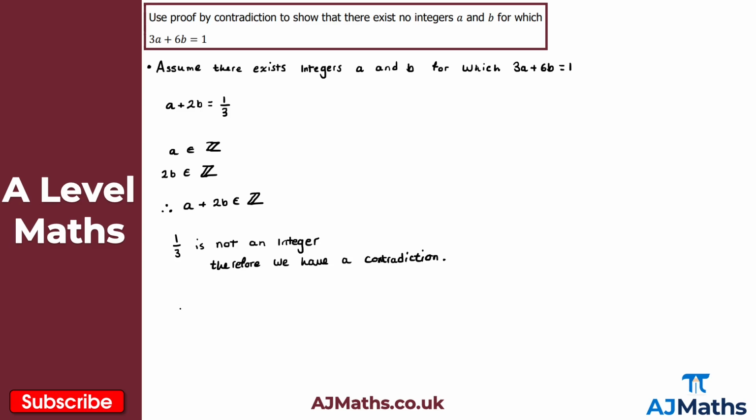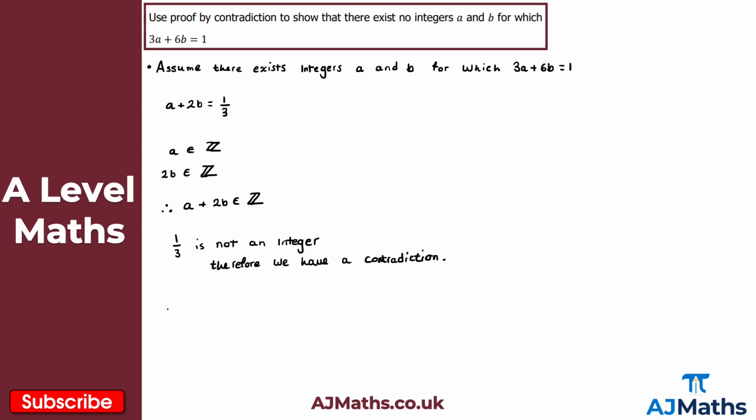So what we can see is the original statement, that using proof by contradiction we want to show that there exist no integers a and b for which 3a plus 6b equals 1, must be true because we've shown this contradiction.